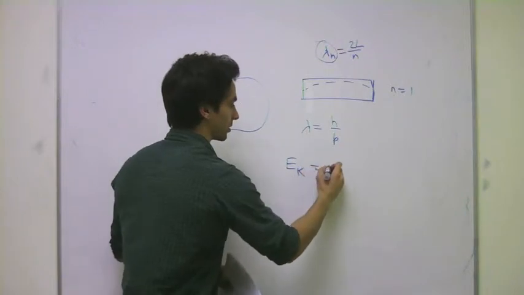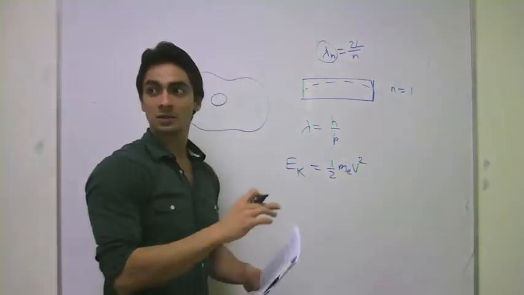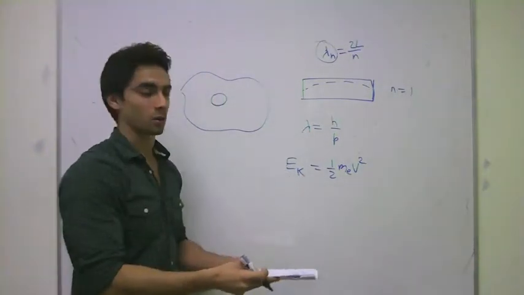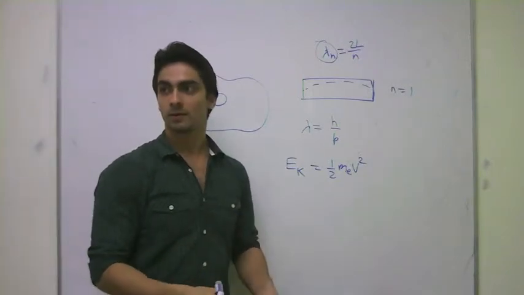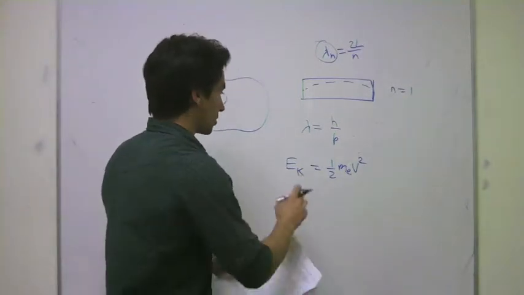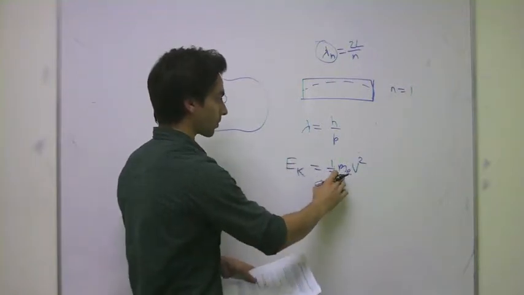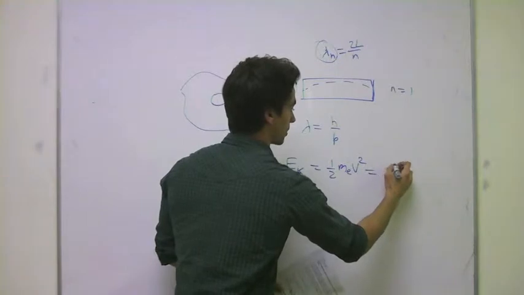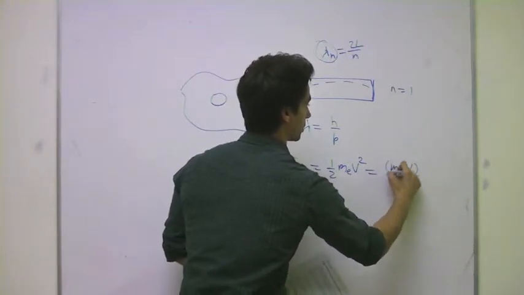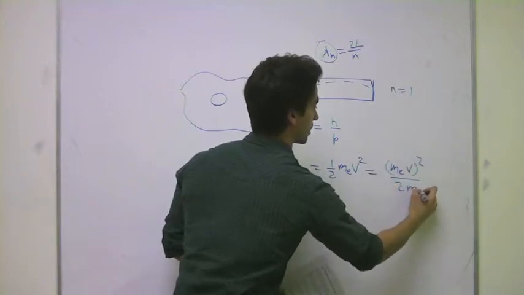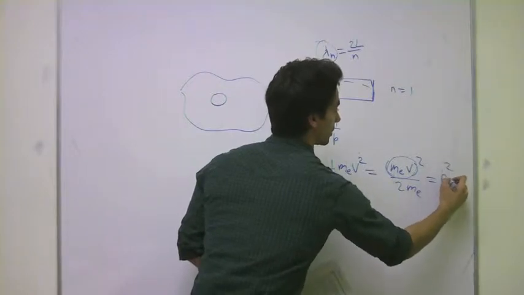The kinetic energy can be written as half m_e v squared. This is the kinetic energy of electrons. So from here we can deduce that Ek equals (m_e v) whole squared over 2m_e, where m_e v is the momentum of the electrons.